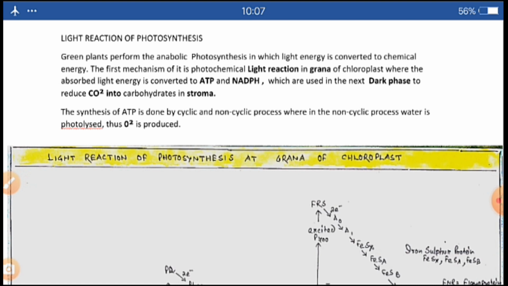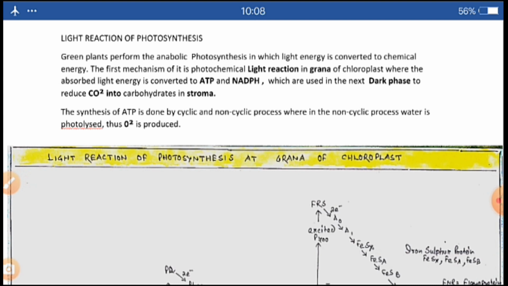And in the dark phase, the carbon dioxide of the atmosphere is trapped and reduced into carbohydrate in the stroma of the chloroplasts.